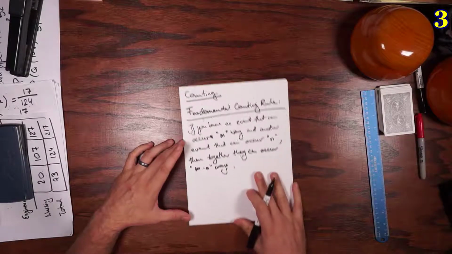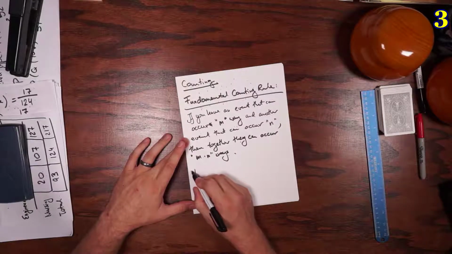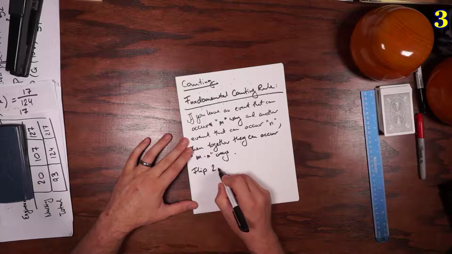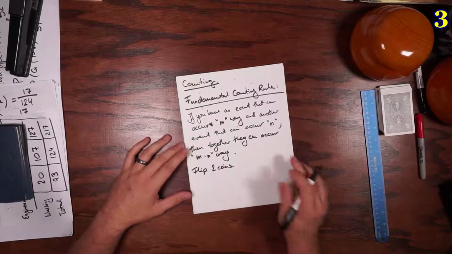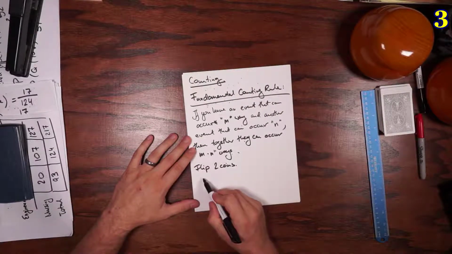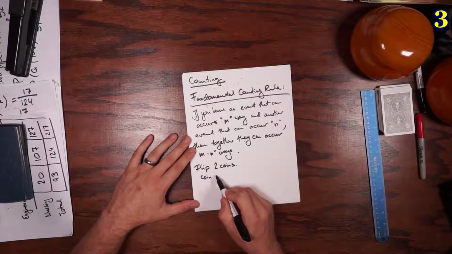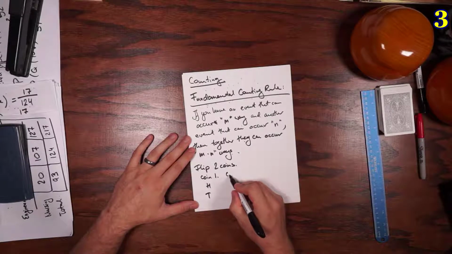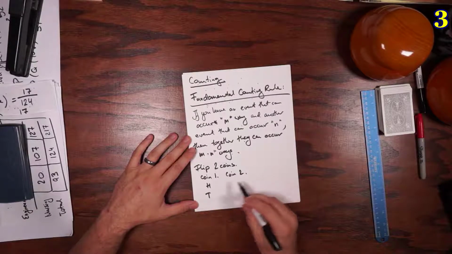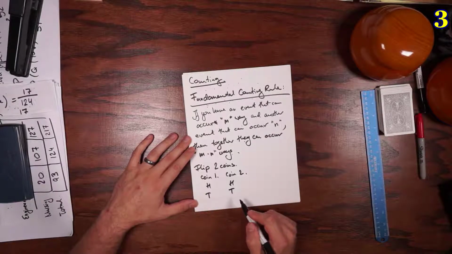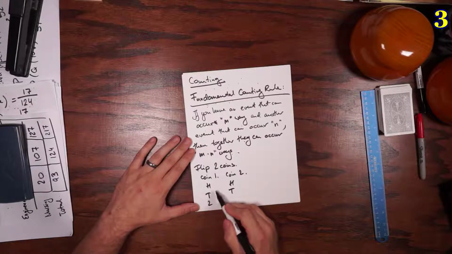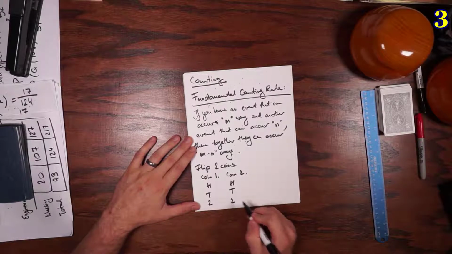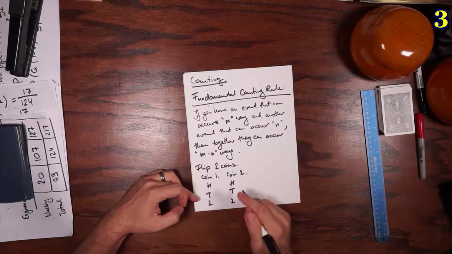Well, let's look at an example. If you flip 2 coins, what do we have? Coin number 1, we can get heads or tails. Coin number 2, we can get heads or tails, right? So there's 2 ways this event can occur, and there's 2 ways here.